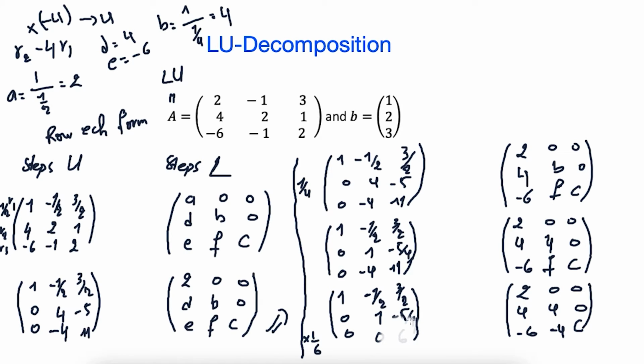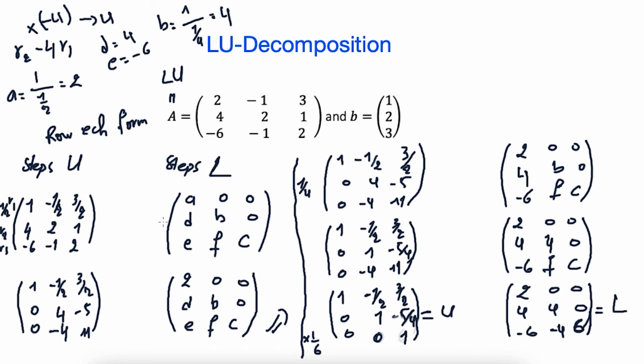Here is -5 over 4, and here is 1 over 6 times 6, which is 1. And as we multiply here by 1 over 6, C will be the reciprocal of this 1 over 6, which is 6. So that means C here is equal to 6. So now we get the matrices. This is the matrix U, the upper triangular matrix, and this is the lower triangular L.